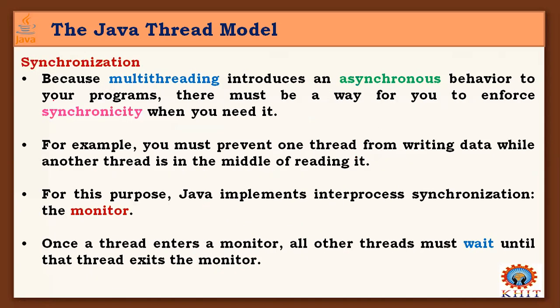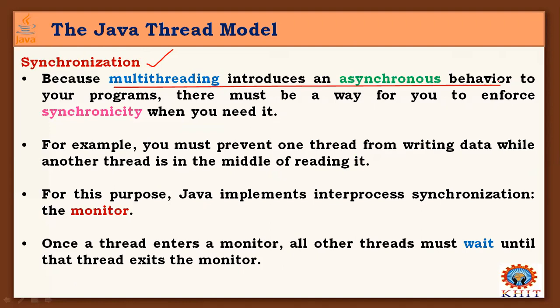And synchronization. I told you that to achieve concurrency among the executions of multiple threads, we need to maintain synchronization. As I told you, multi-threading introduces asynchronous behavior. In a multi-threaded environment, asynchronous behavior is completely seen.